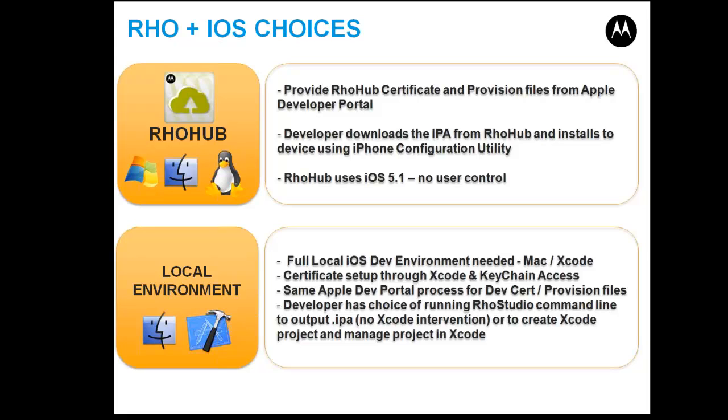You provide a certificate, a developer certificate. You can provide the provision files, and these come right from the Apple Developer Portal. All right, I'm going to walk through this process. And then you tell RhoHub to kick off the build, and it gives you an IPA file, okay? An IPA file can then be copied to a real device, and you can test it on a device. So it's that easy, right?